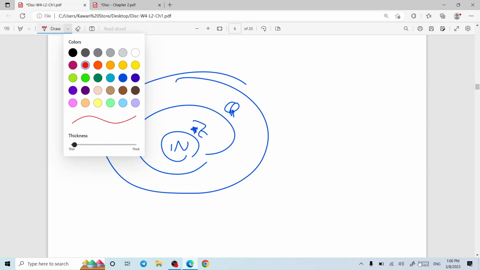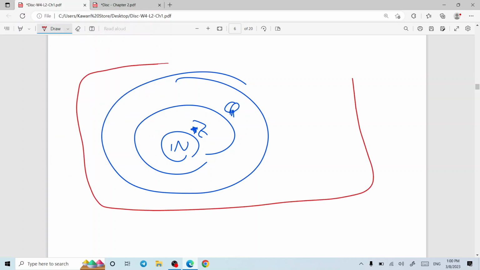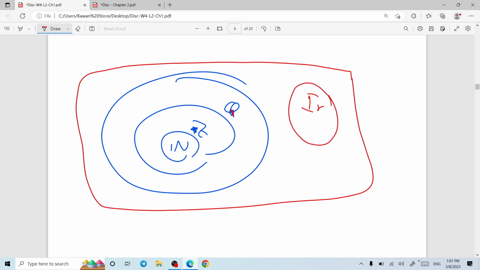Complex? Before complex, no. What is it? That's the rational number. What else? Irrational numbers. What's the relation between rational and irrational? Shall I put a box like that? No. That's the rational number. Understood? Why?